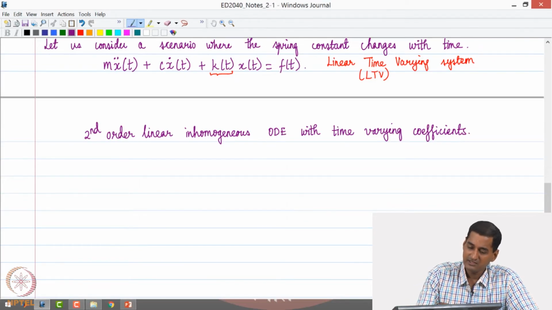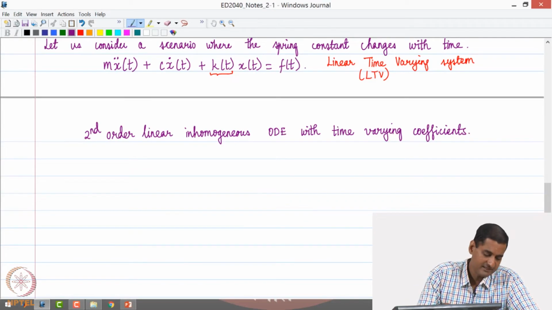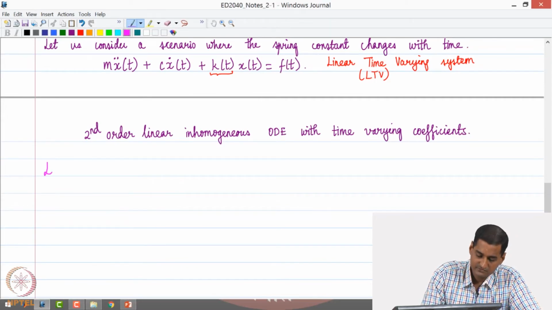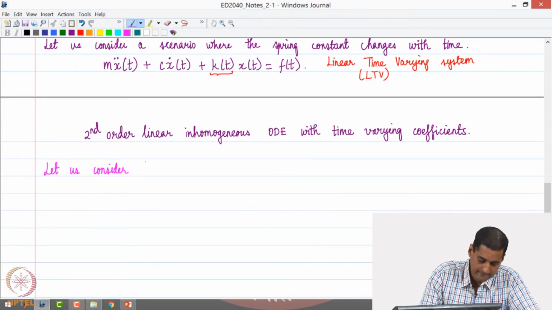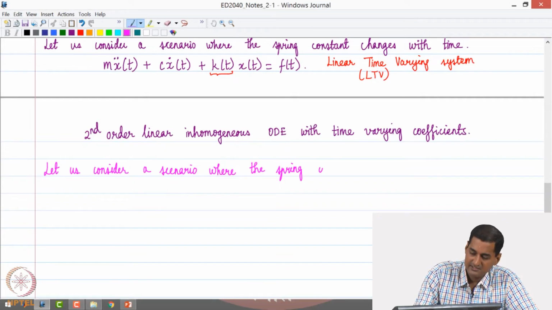So now let us consider another example. Let us consider another scenario where the spring is non-linear. This also could be a potential scenario which can be encountered in practice.